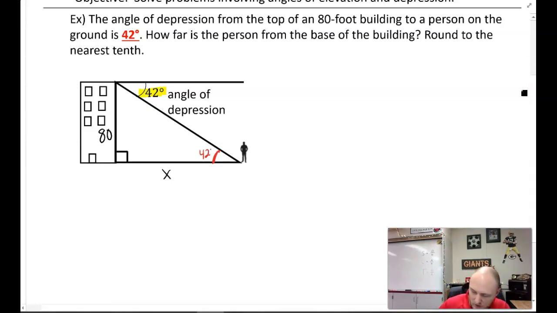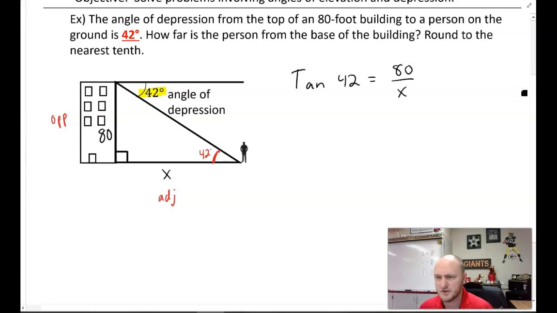All right, well, I'm given the side that is opposite. I want to solve for adjacent, so this is tangent. It seems like all of these problems are tangent. What's going on? Tangent of 42 is equal to 80 over x. You guys are going to be pros with using tangent. All right, so we'll go ahead and solve. I'll multiply both sides by x.